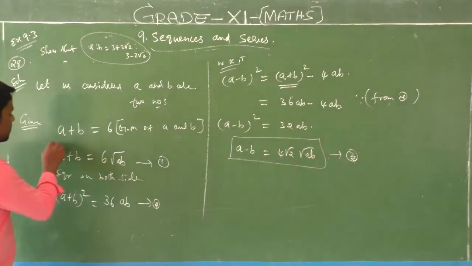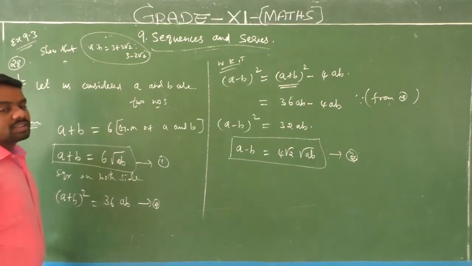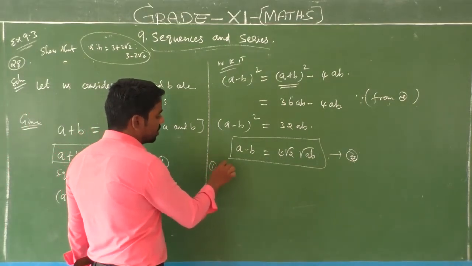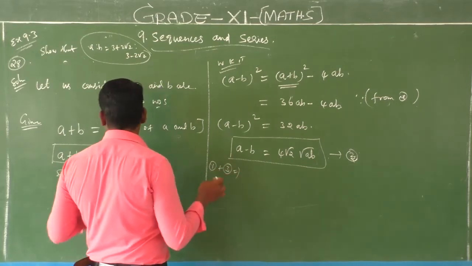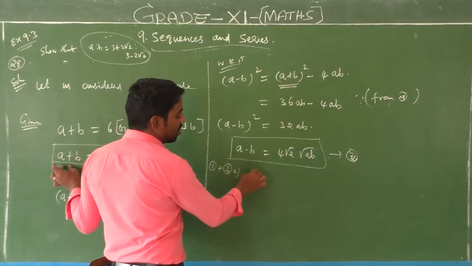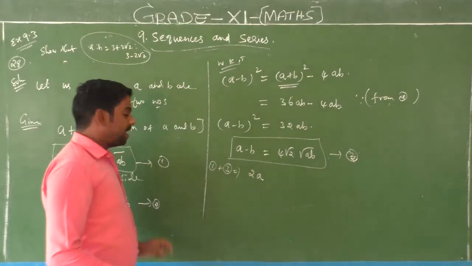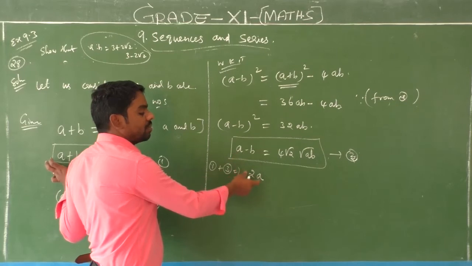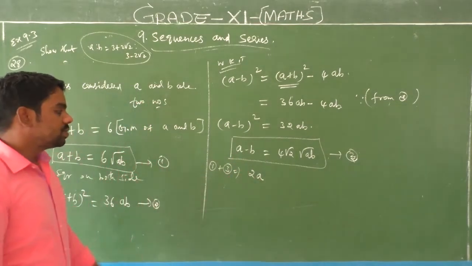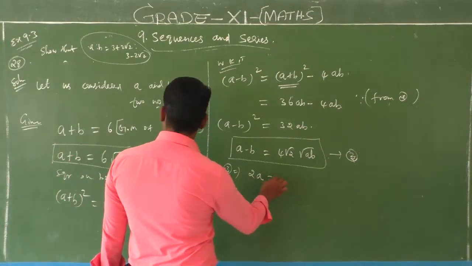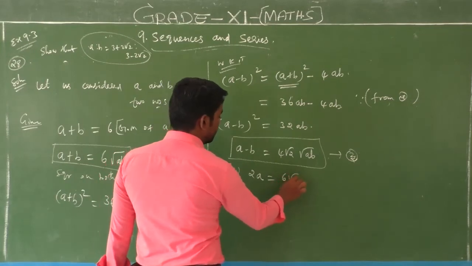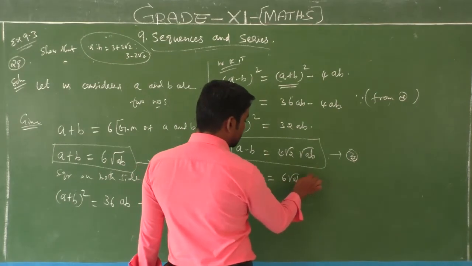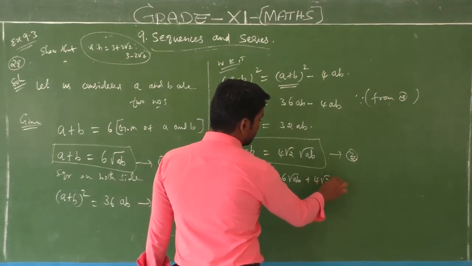Solve equation number 1 and equation number 3. So equation 1 plus equation number 3 implies A plus B plus A minus B is 2A. B and minus B cancel, so remaining 2A is equal to 6 root AB plus 4 root 2 root AB.